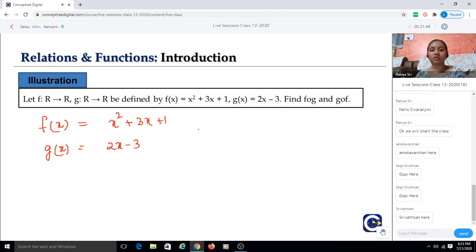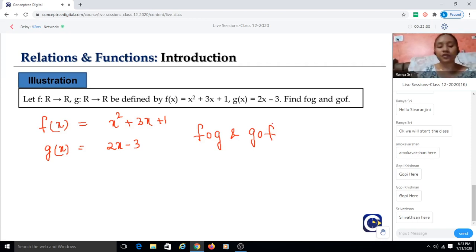Now here we have to find the functions f of g and g of f. Just try to find out the functions f of g and g of f.